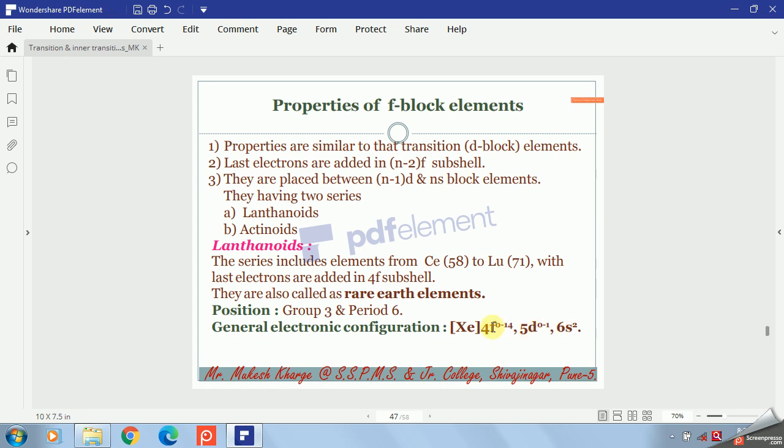In this sequence the electrons will be added, because n plus l for 6s is 6, for 5d it is 7, and for 4f it is 4 plus 3, it is 8.